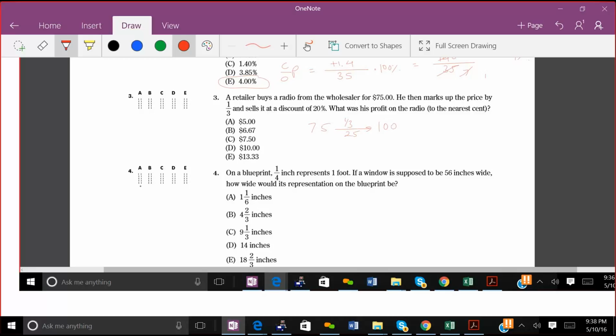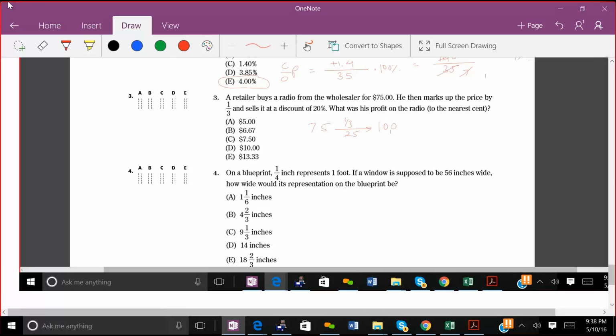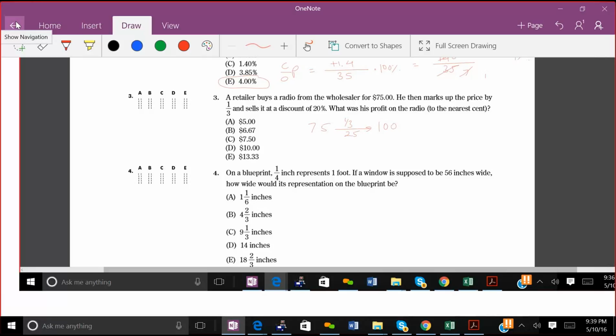Then he sells it at a discount of 20%. So 20% of 100 is 20, so it's 80.